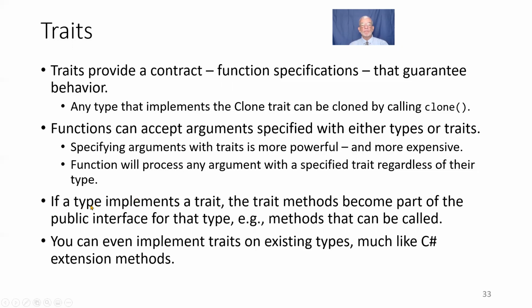Okay, so if a type implements a trait, the trait methods become part of the public interface of that type. Methods can be called. And surprisingly, you can even implement traits on existing types, much the way that C# extension methods work.